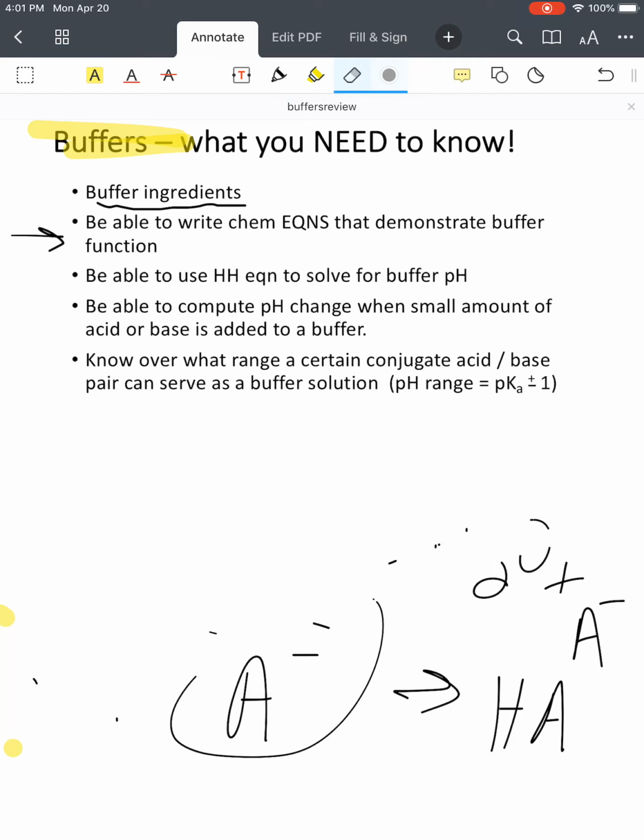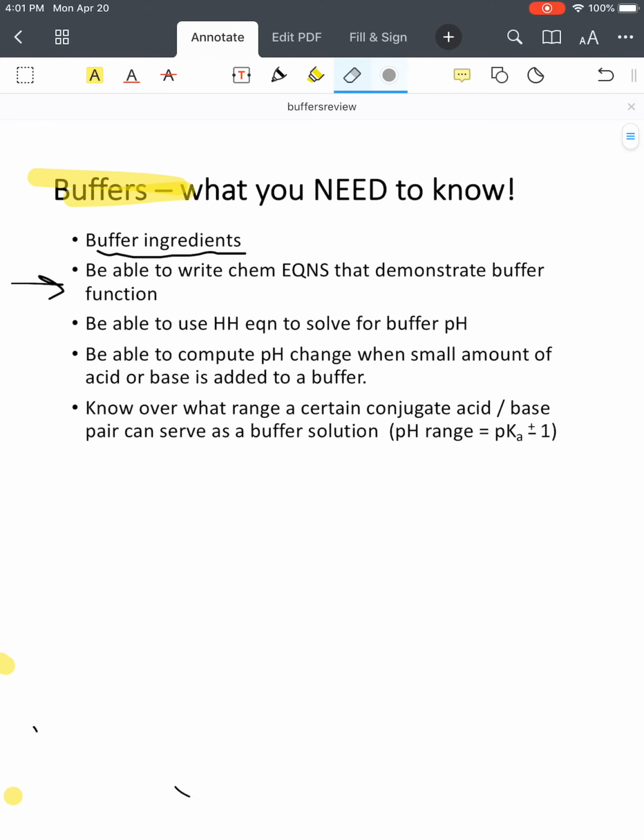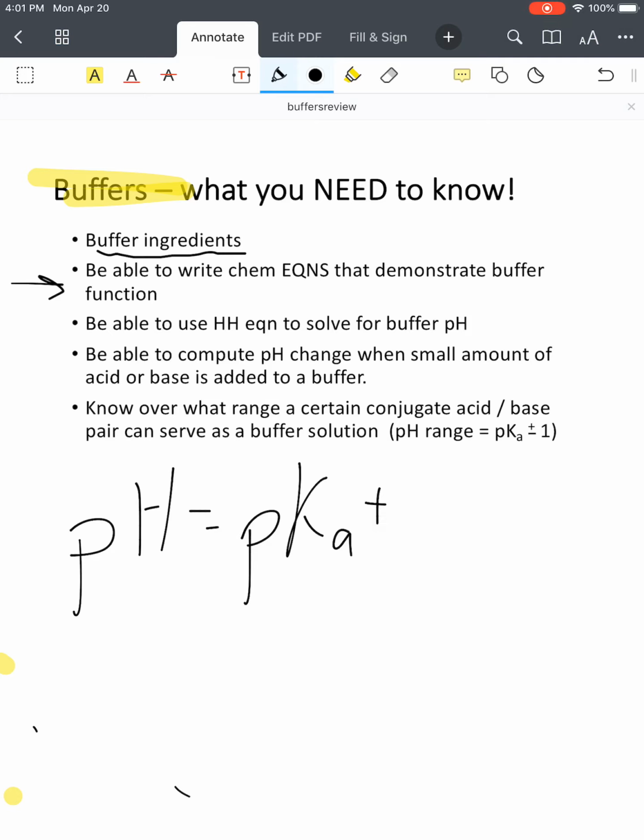The next thing that you need to know in a nutshell is the Henderson-Hasselbalch equation, the HH equation. If and only if you have a buffered solution, you can use that Henderson-Hasselbalch equation. Remember, its form is pH is equal to the pKa plus the log of the ratio of the concentration, molarity, between the base and the acid form.